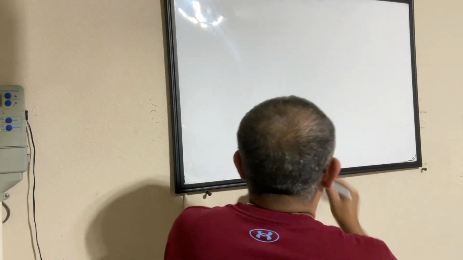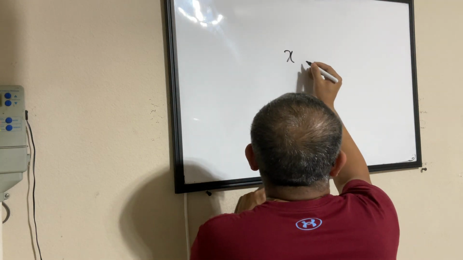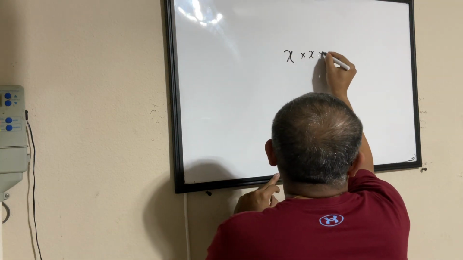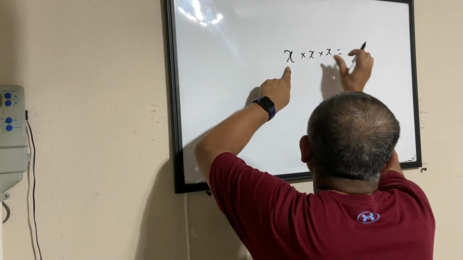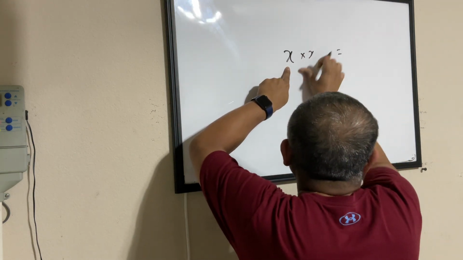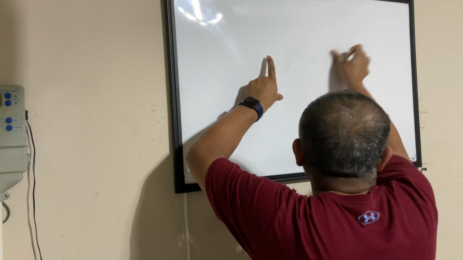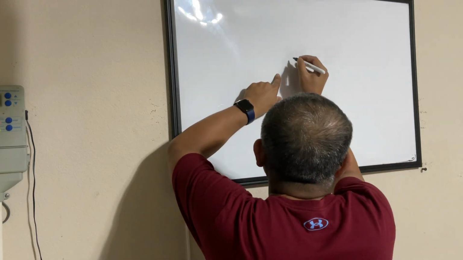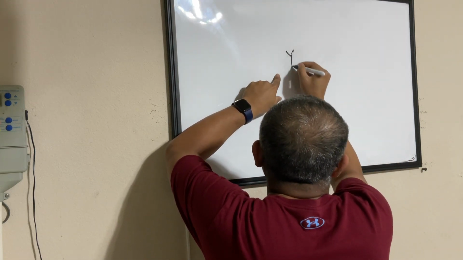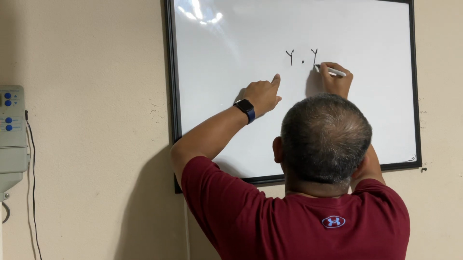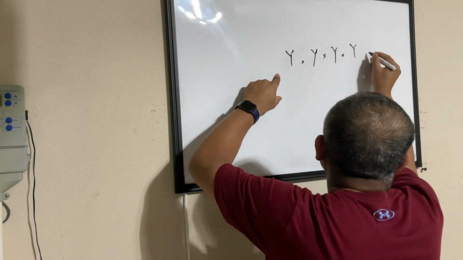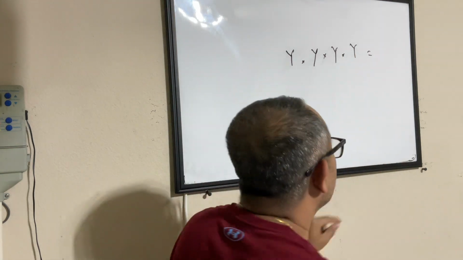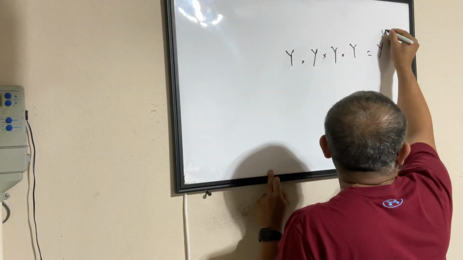So now here's the thing. If I say x into x into x, I have 3 times x being multiplied with each other. Let me not write x because it becomes a little complicated, since the multiplication sign is also like x. If I say y into y into y into y, I have 4 times y, that becomes y to the power 4. No confusion?